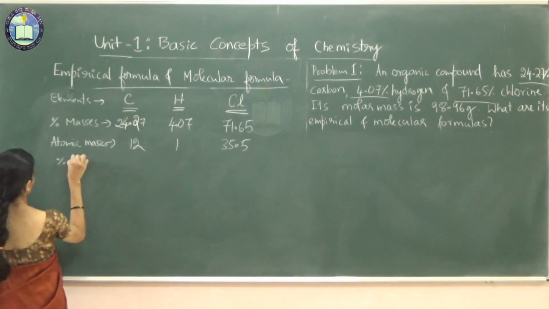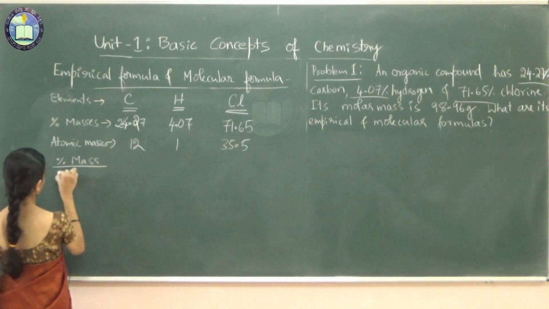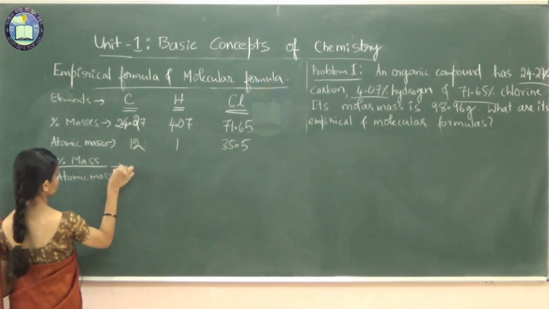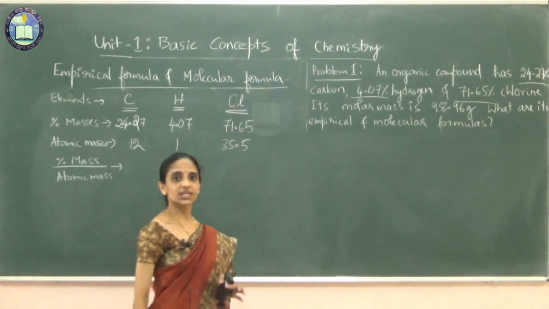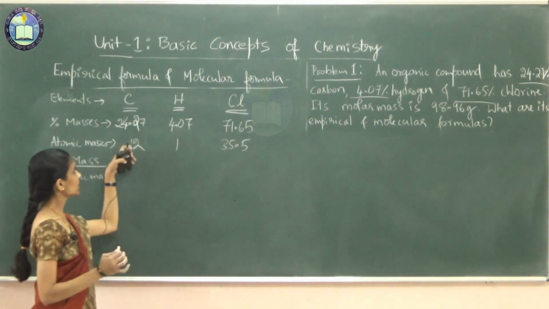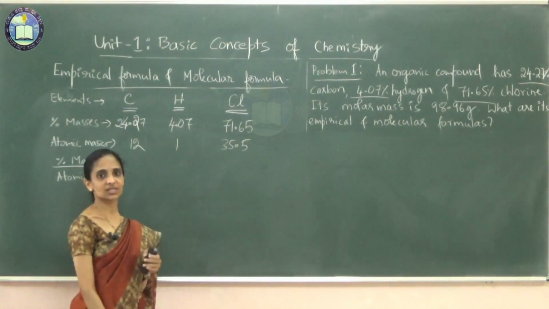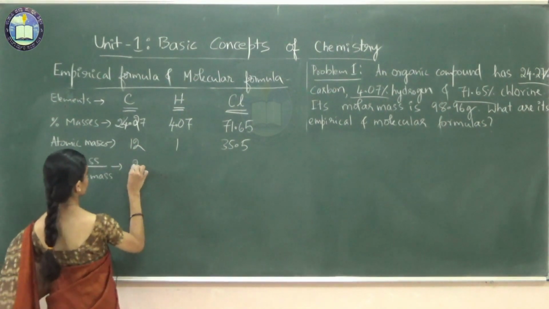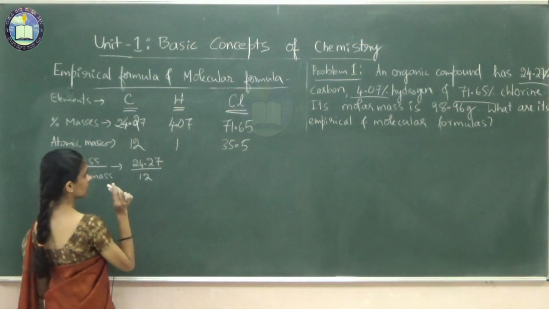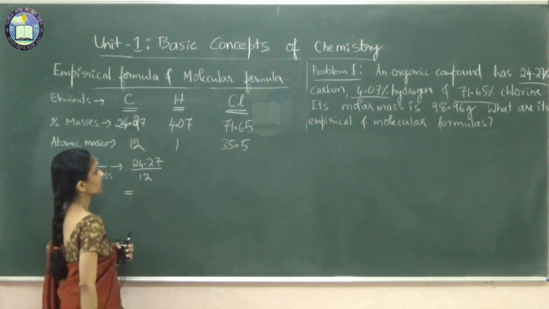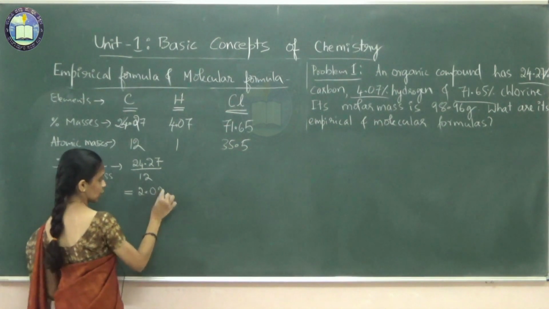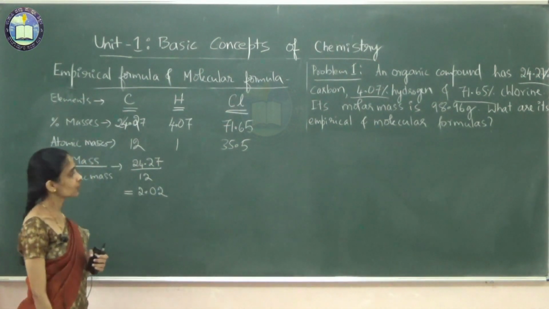Next step is dividing the percentage mass by atomic mass. Divide the percentage mass written in the first row by the corresponding atomic masses. So what do you get? 24.27 divided by 12, if you do it using a simple calculator, you will get 2.02.